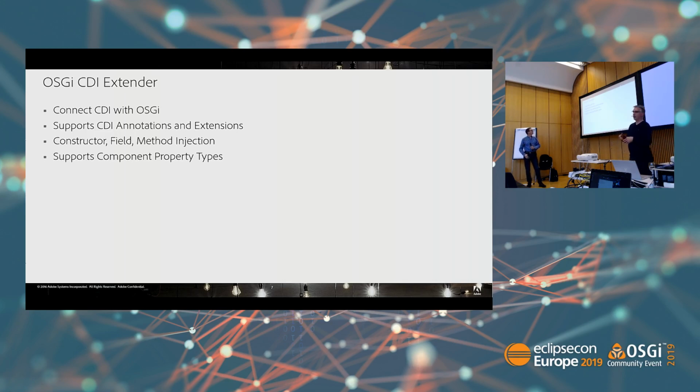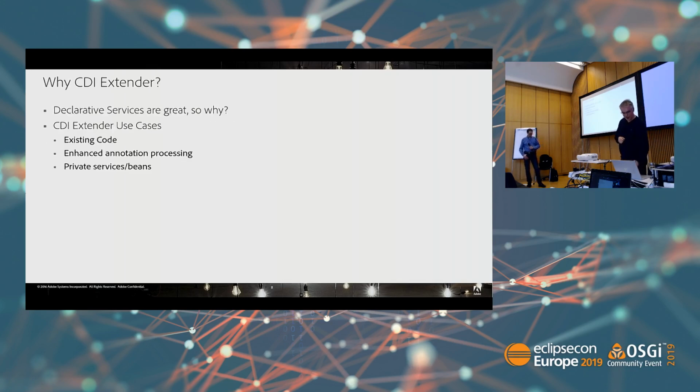So you can write your services using normal CDI annotations and then mechanisms and mix and match them with OSGi services. It supports basically all the CDI annotation processing and extensions and all of these things, and it's very nice. But on the other hand, you could ask why did we do this? Because in OSGi, we already specify declarative services as a nice way of implementing services.